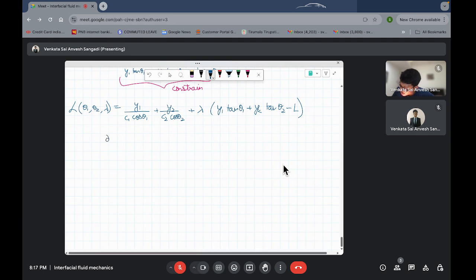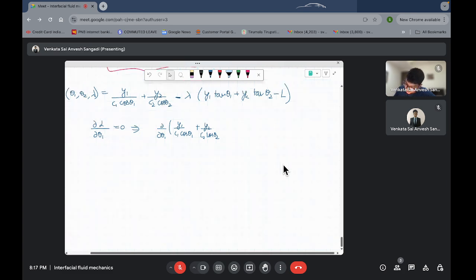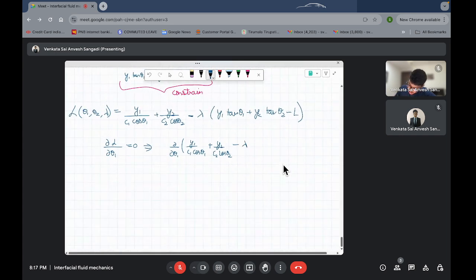So now we have the first equation as dL by d theta 1 is equal to 0, which implies del by del theta 1 of y1 by (c1 cos theta 1) plus y2 by (c2 cos theta 2), and as this is a minimization problem, minus lambda times (y1 tan theta 1 plus y2 tan theta 2 minus L) equal to 0.